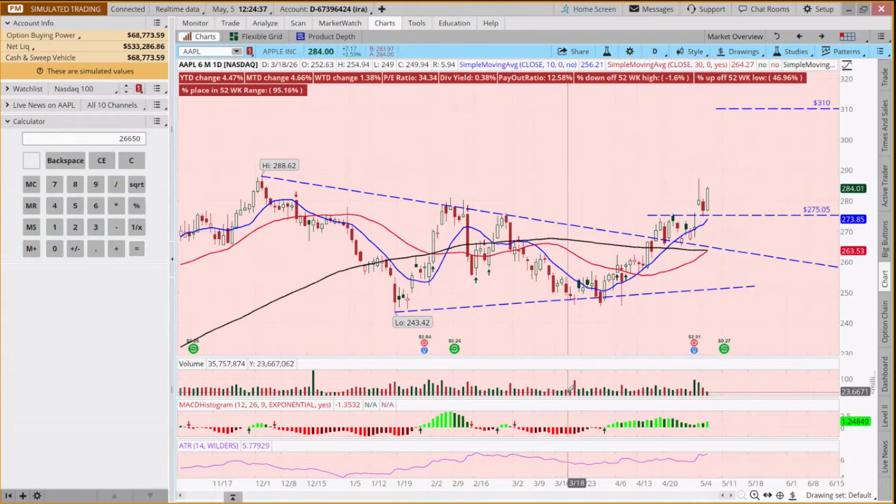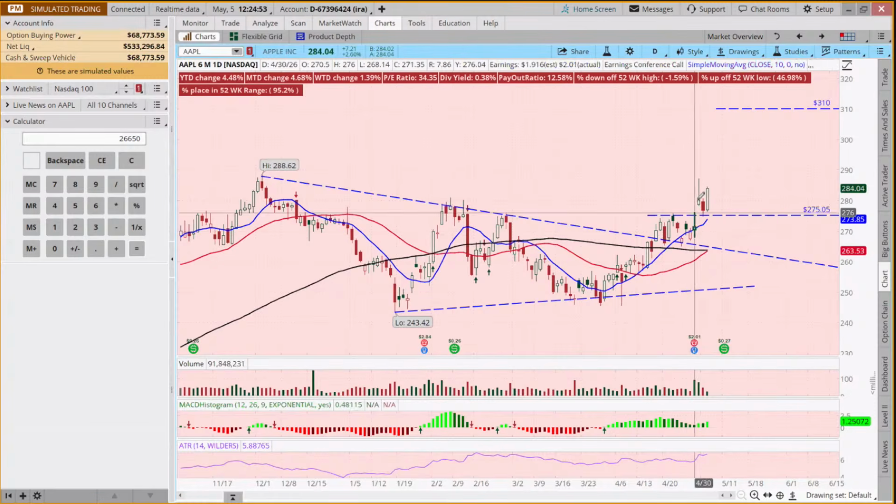You have the ability to use options to protect your position or generate income as the stock is going sideways. So we're going to buy 100 shares of this stock, even though it's up 2.6% today.